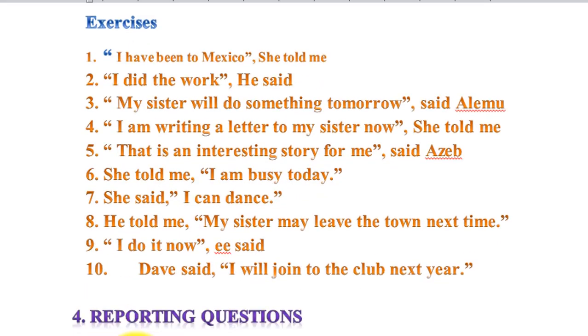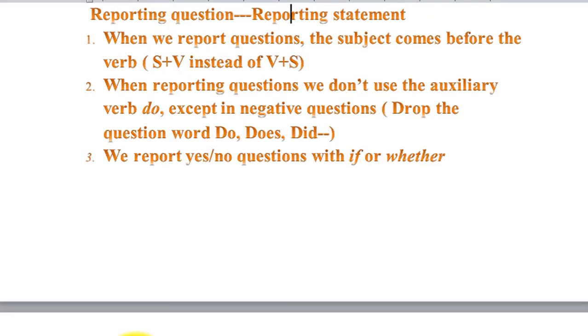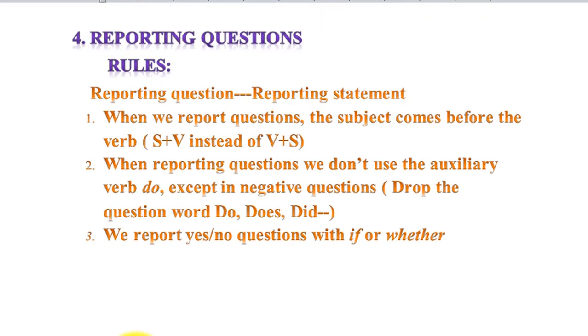This is the first part of reported speech. The second is reporting questions. It is a little harder, because the structure of the question is somehow different and it needs critical thinking. The second type of reported speech is reporting questions.